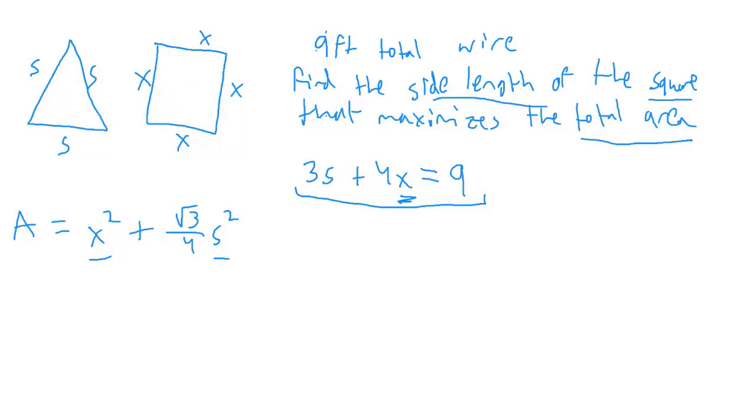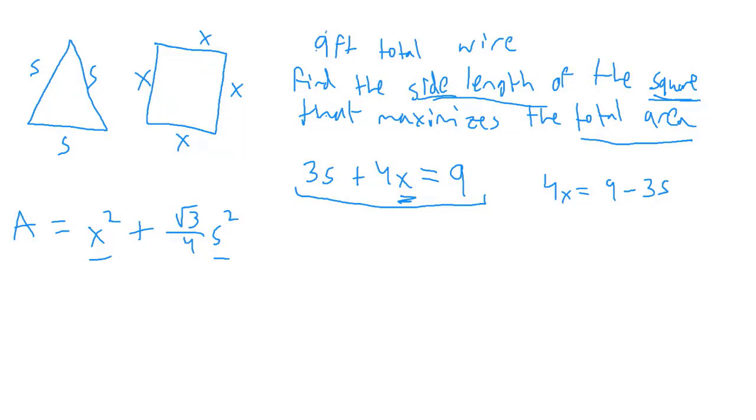And again, since we said we wanted to solve for side length, let's solve this equation in terms of x. Sorry, side length specifically of the square. So if we do that, we get 4x equals 9 minus 3s. Oh, sorry. In this case, we wouldn't be solving for x.